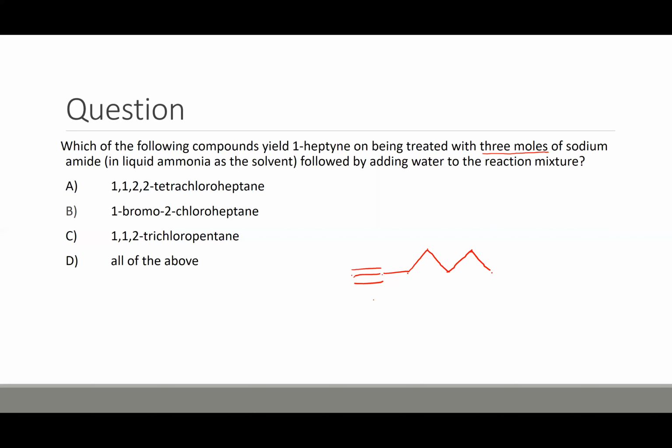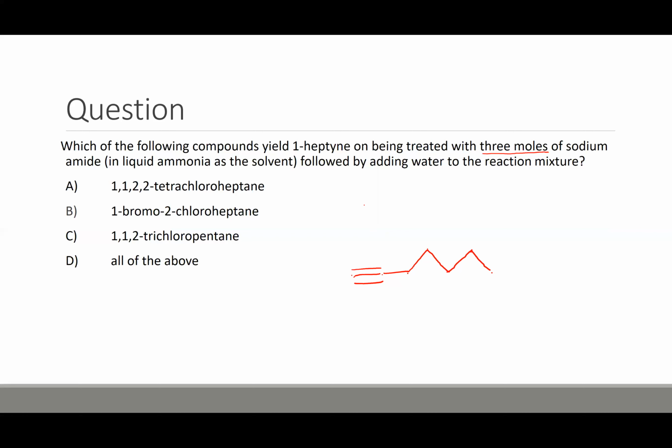And we need to start with something that has either geminal or vicinal halides on a 7-membered hydrocarbon chain that we then can react to form our wanted product.